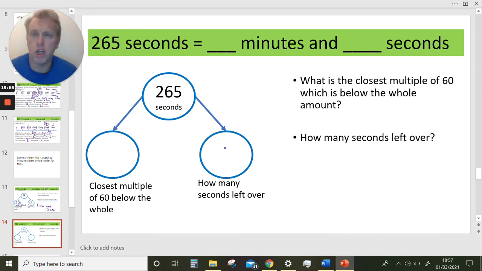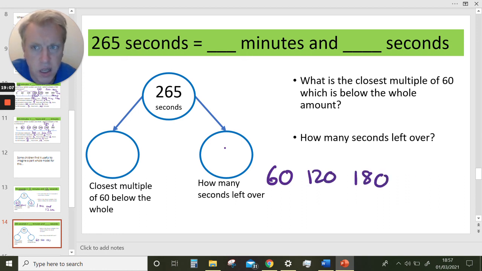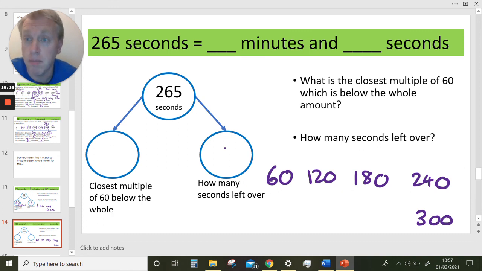And you see this one, 265 seconds. Well, I'm going to quickly write out my 60 times table to help me. 60, 120, 180, 240. Oh, I think if I say my next one, it'll be too far. 300. Yes, look, that's more than 265 seconds. I'm not going to say that one. I'm going to say one group of 60 makes 60, 2 times 60, 120, 3 times 60, 180, 4 times 60, 240.